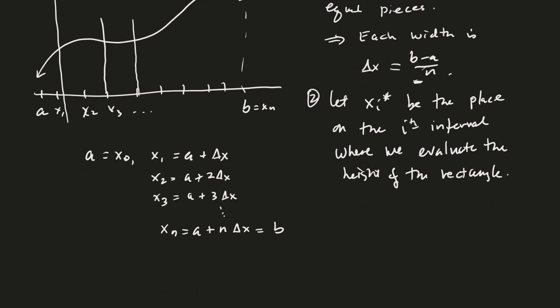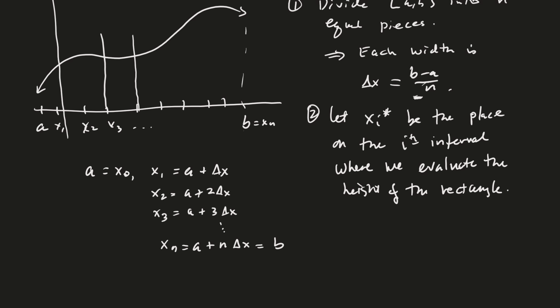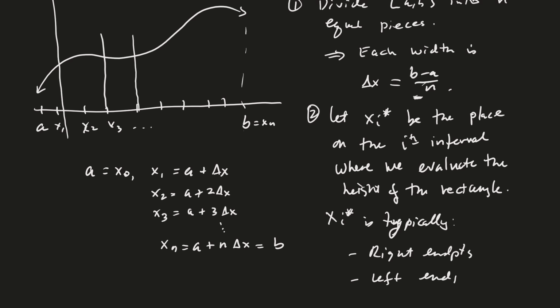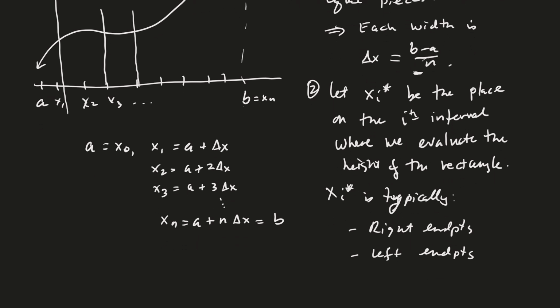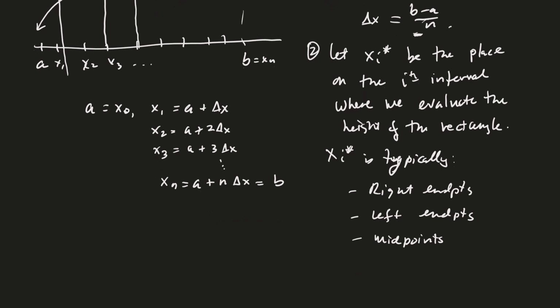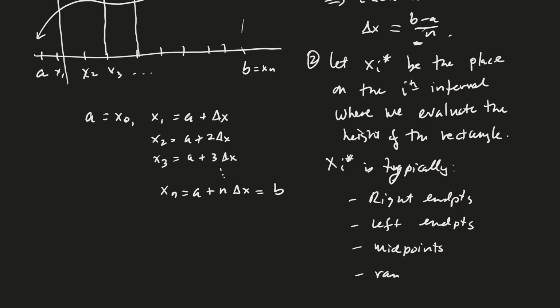Now for the example we had from 0 to 1, we used right endpoints. And so xi star is typically right endpoints or left endpoints, or you could do something else. You could take midpoints if you wanted to, or you could even take just random points.